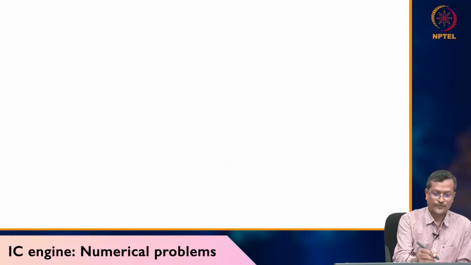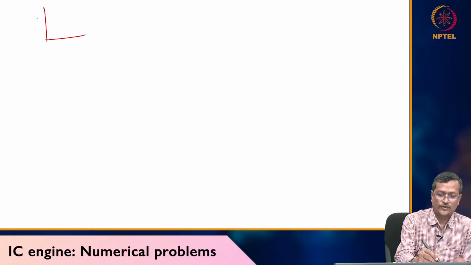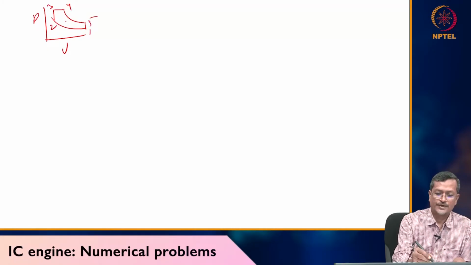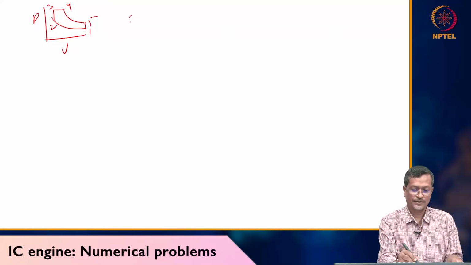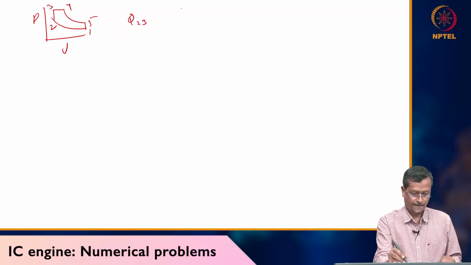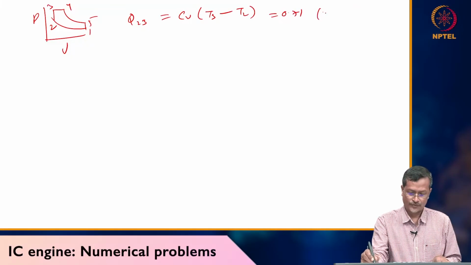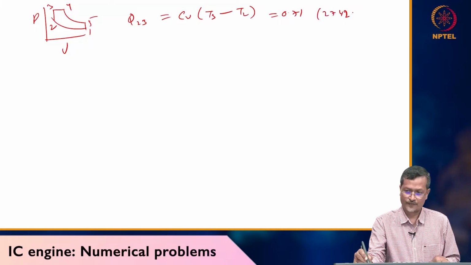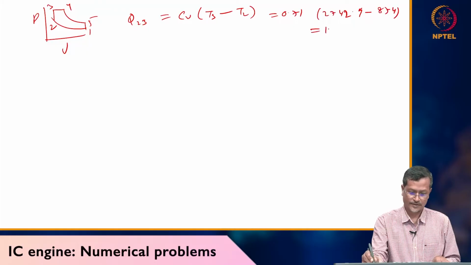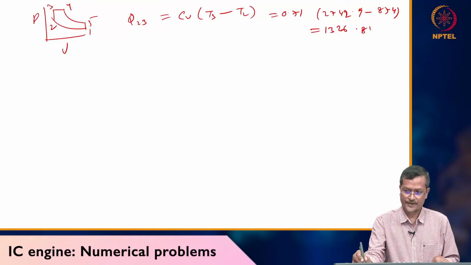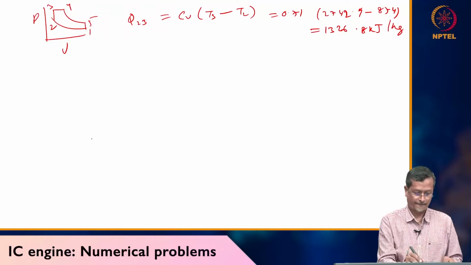So heat added at constant volume, again I have to draw the PV diagram 1, 2, 3, 4, 5. Heat added at constant volume process means 2 to 3. Q2-3 equals CV (T3 minus T2) equals 0.71 into (2742.9 minus 874), equals 1326.8 kJ per kg.